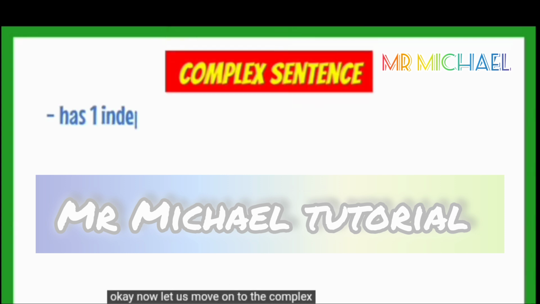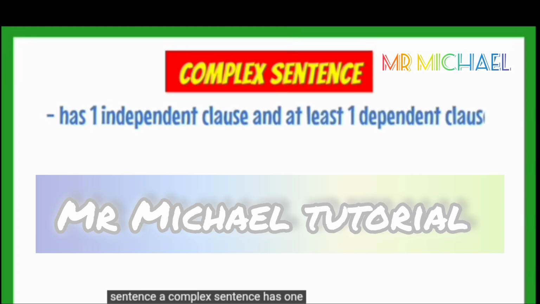Now let us move on to the complex sentence. A complex sentence has one independent clause and at least one dependent clause. What do we mean by a dependent clause?